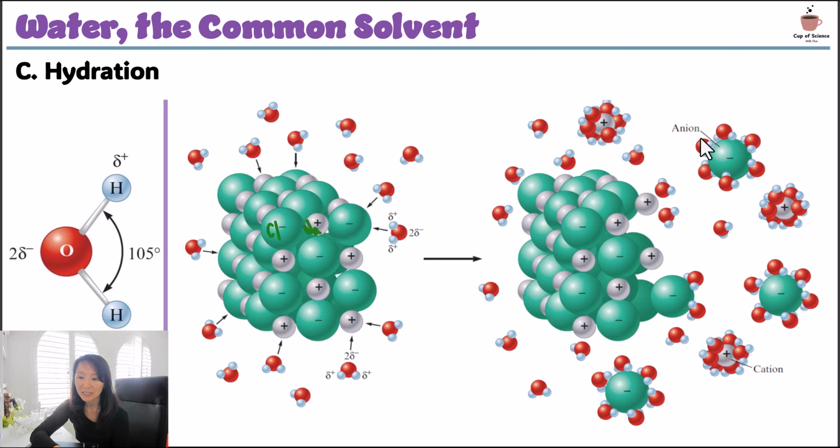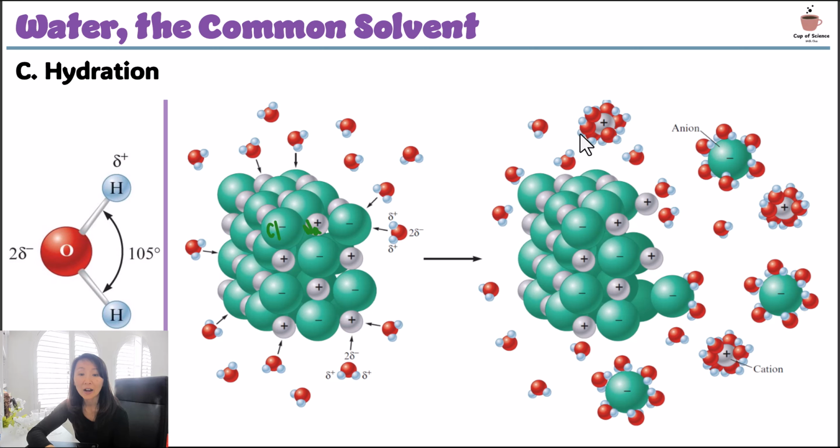So you could see sodium being surrounded by water molecules. In particular, the hydrogen is attaching itself. This surrounding occurs not only with chlorine, but also with sodium. Sodium is the positively charged one, and you can see the partially negative oxygen coming closer and closer, surrounding it.